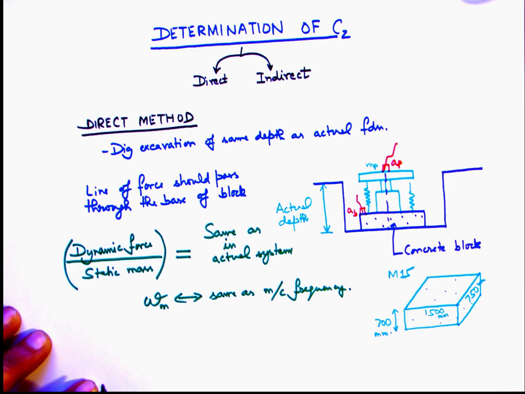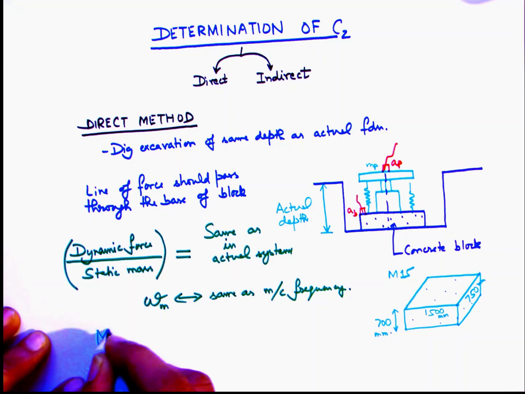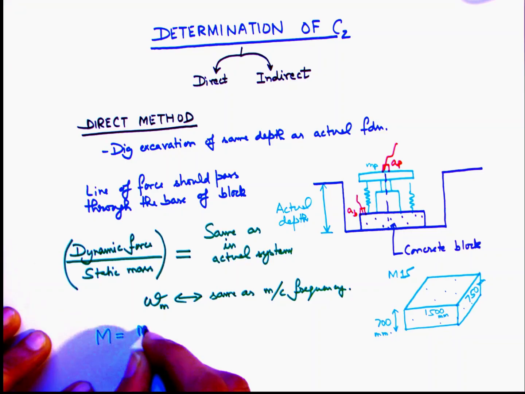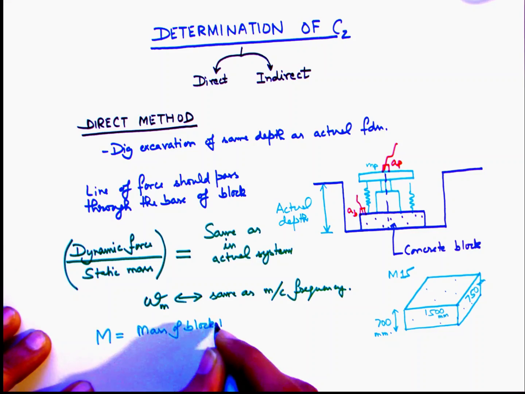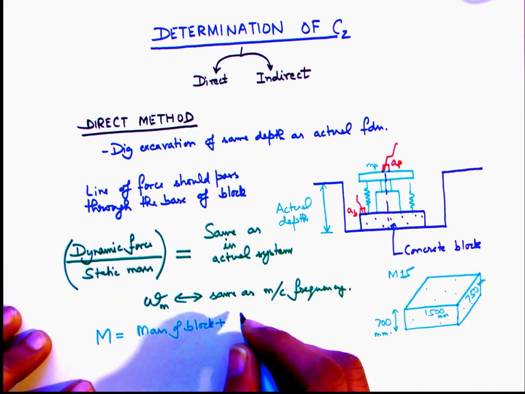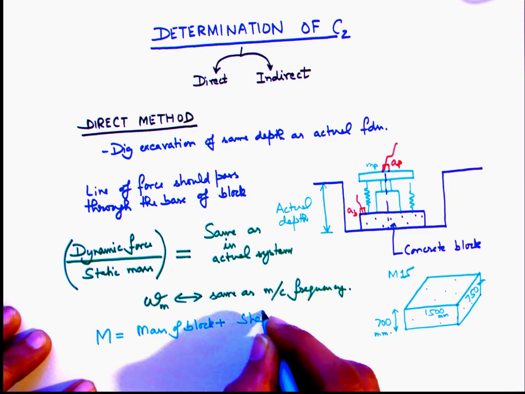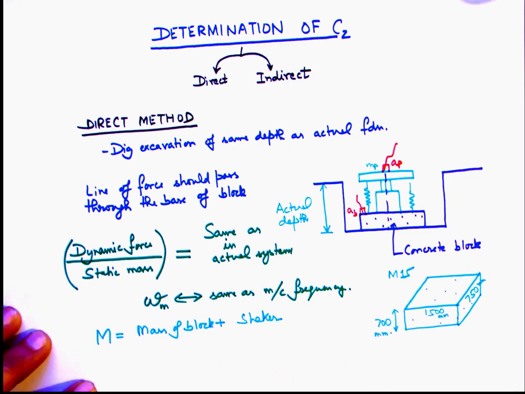Now we need to determine omega n, that is the natural frequency of the experimental block and the soil system, but it is not that of the actual proposed foundation. Now let m be the mass of the block plus the shaker system consisting of the main element and the springs and the top and the bottom plates.